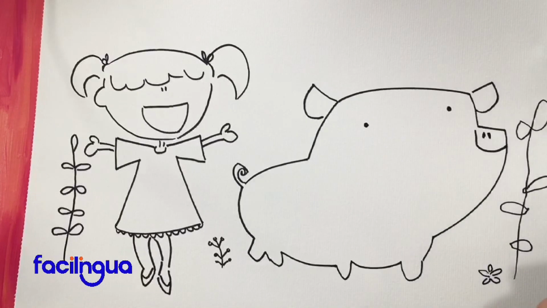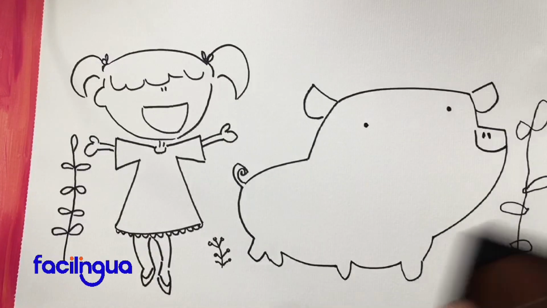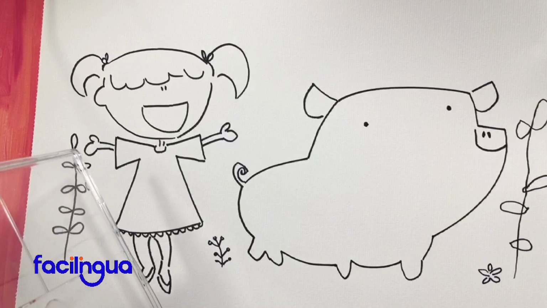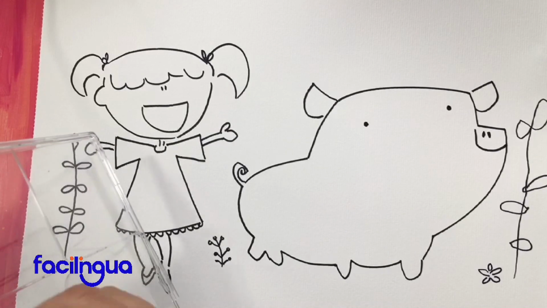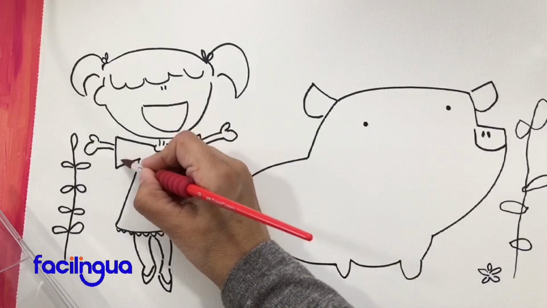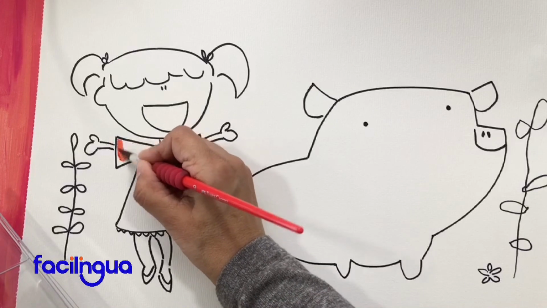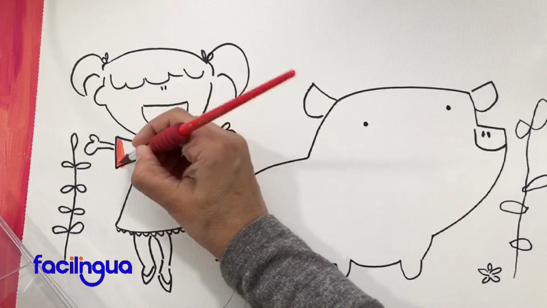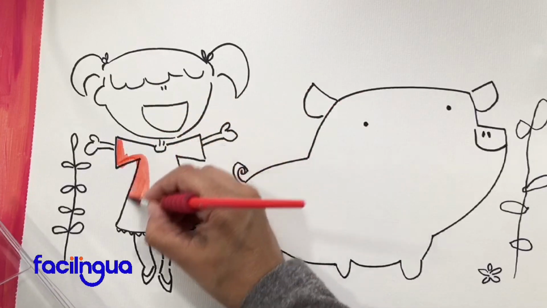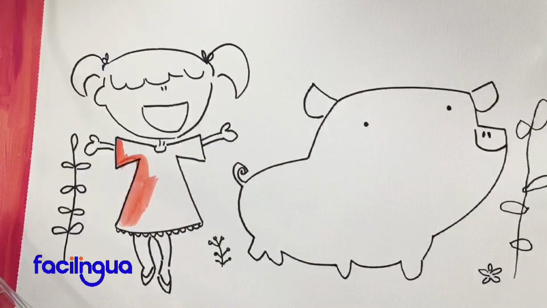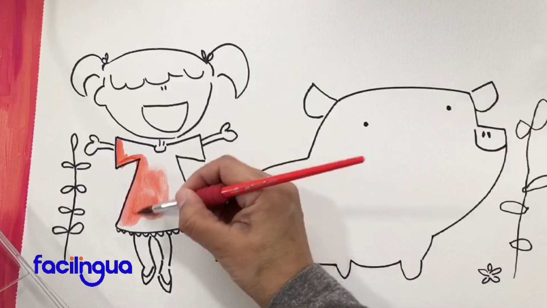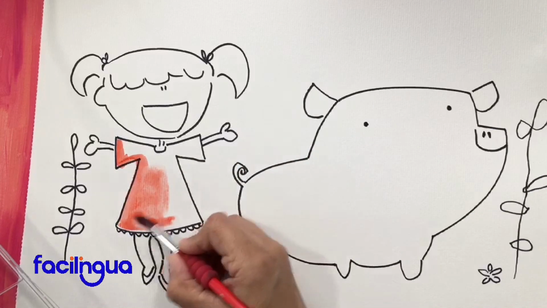So I am going to start with the girl, and she's wearing, lleva puesto, this red dress.